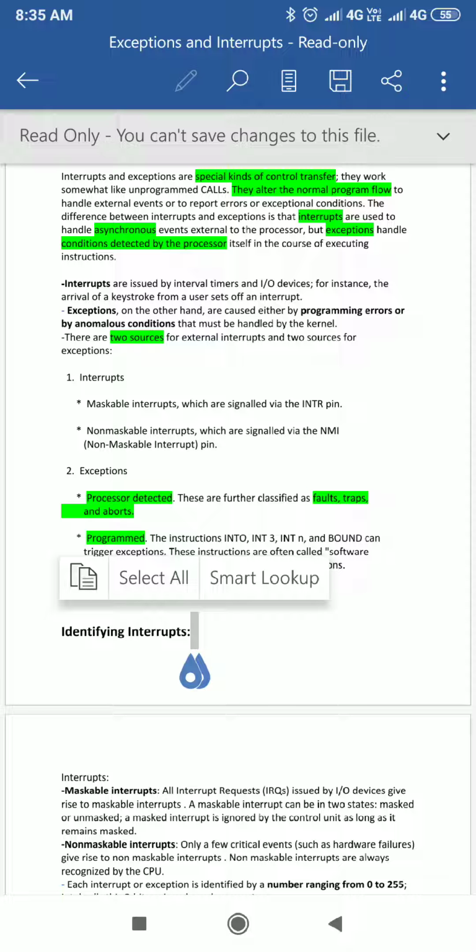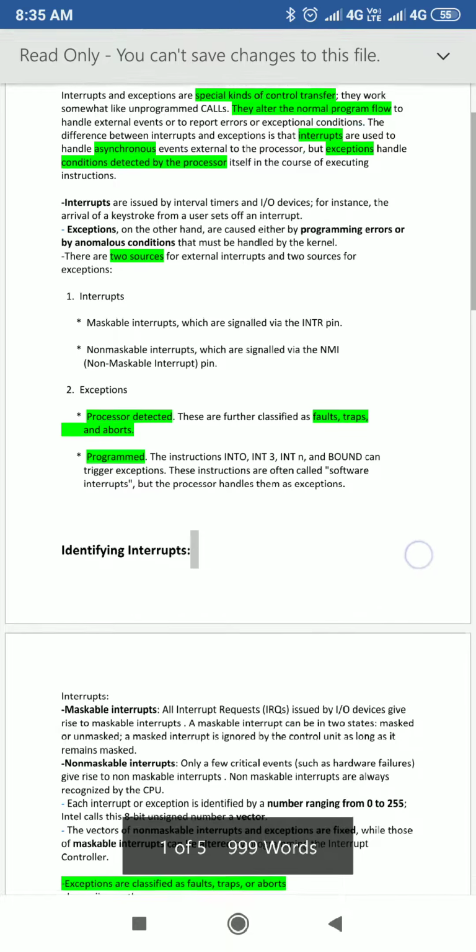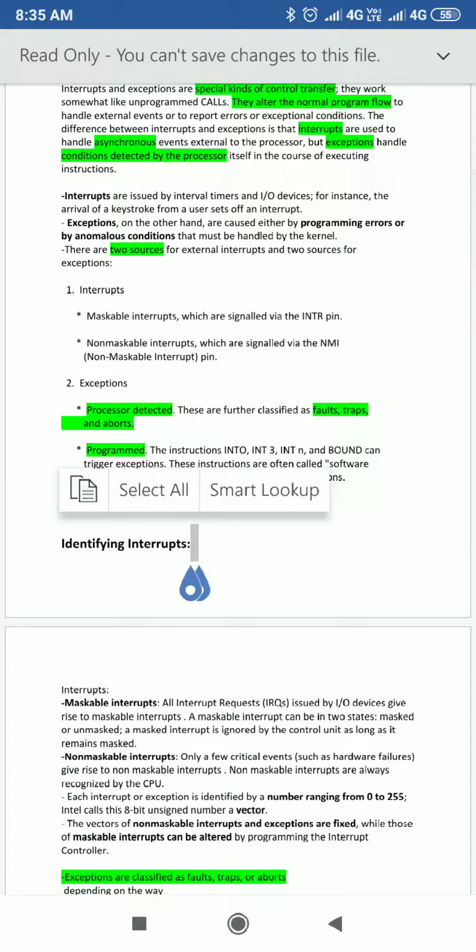Got it? The difference between interrupts and exceptions: interrupts are generally hardware interrupts generated by external events, whereas exceptions are caused by programming errors. Now, like interrupts, exceptions also have some sources.